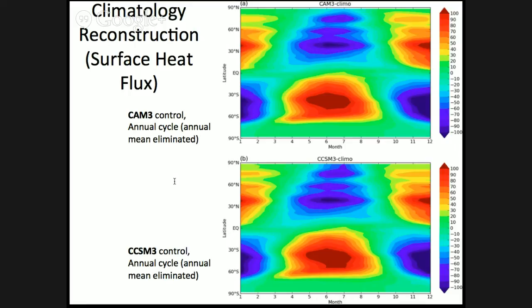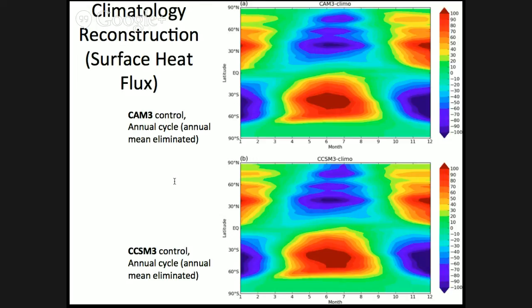You see that the annual mean is also eliminated, the x-axis is the 12 months of the year, and the y-axis is the latitude, and zonal mean is taken for ease of view. And you see that the two figures are basically the same.